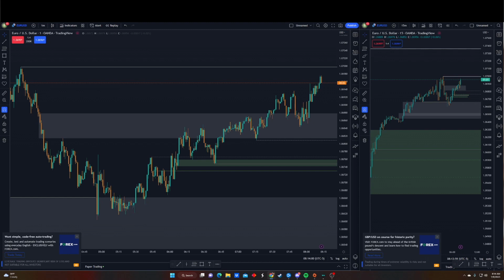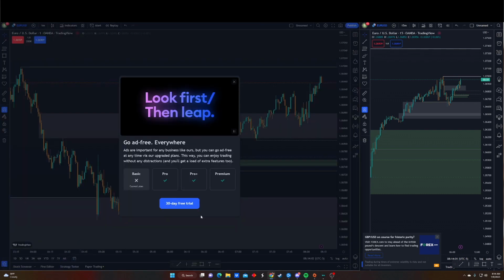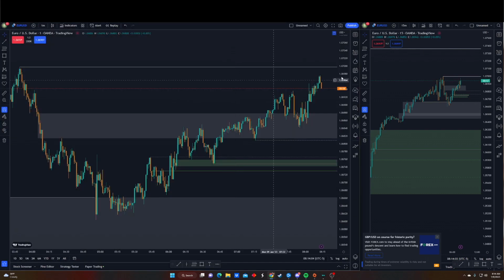All right, price is continuing its journey. We just filled in a little 1 minute fair value gap. Not really expecting anything lower.